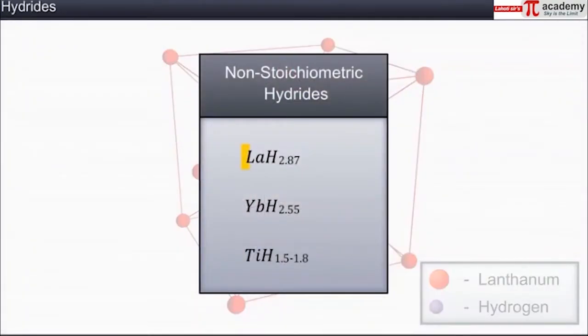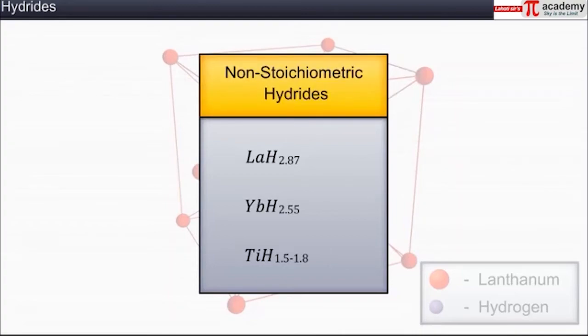For example, LaH2.87, YbH2.55 and TiH1.5-1.8. The composition of these hydrides does not correspond to simple whole number ratio and also varies with change in temperature and pressure. And hence, these hydrides are also called non-stoichiometric hydrides.